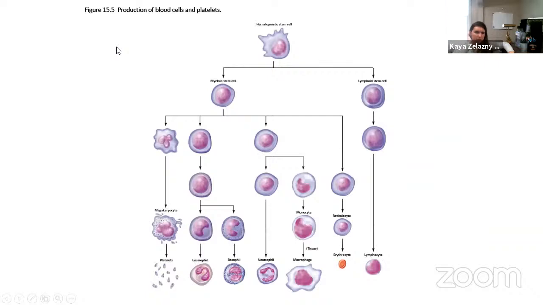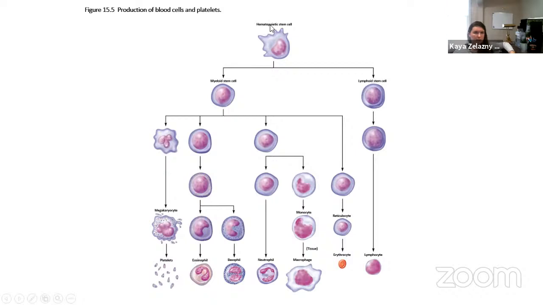Okay, so we are going to spend a little time talking about the production of all of our blood cells and our platelets. And specifically, we're going to look in detail at how our red blood cells are forming. So this is a chart basically of where all the blood cells are coming from.